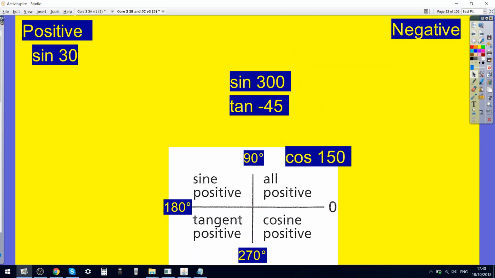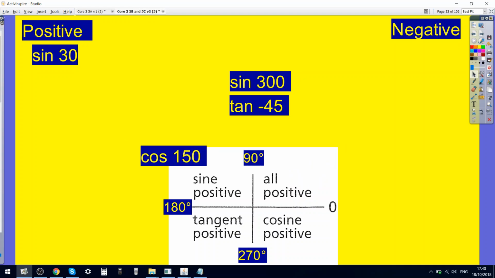Is 150 between 0 and 90? No. Is it between 90 and 180? Yes. And so will it give you a positive answer or a negative answer, cos of 150? Negative. Yeah, only sine is positive here.